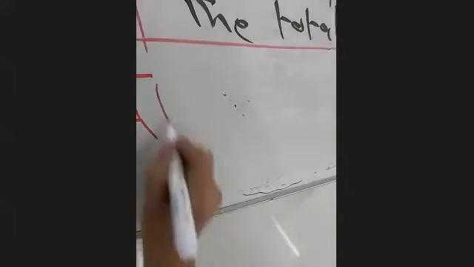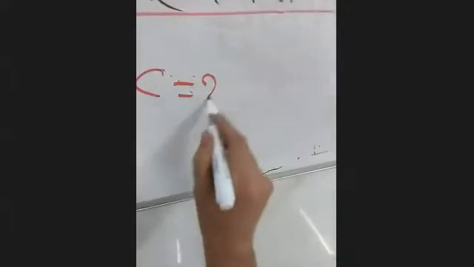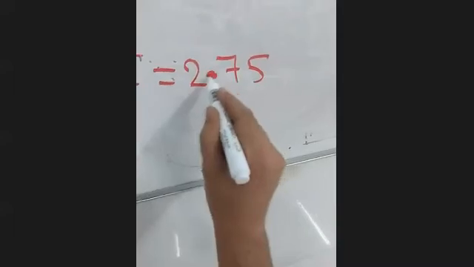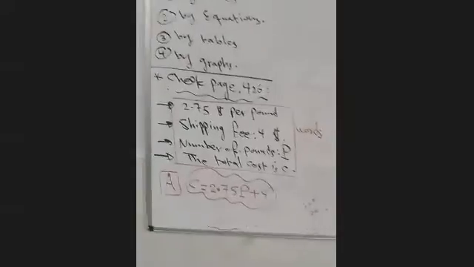So in part A, we will write the equation. And the equation is, as Bardawil and Hilal said, 2.75 P plus 4. This is the answer of question 1, A.